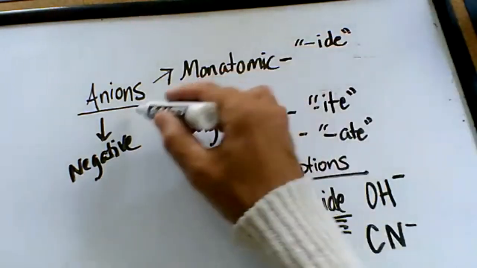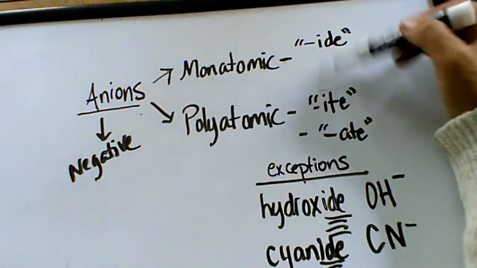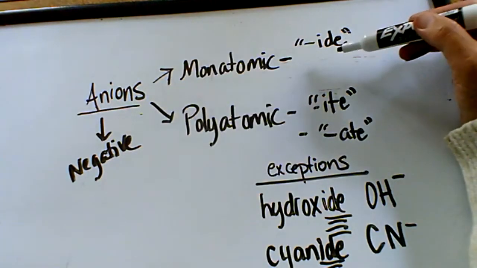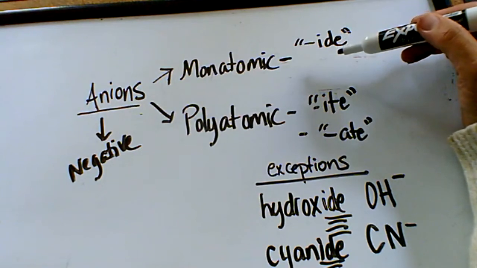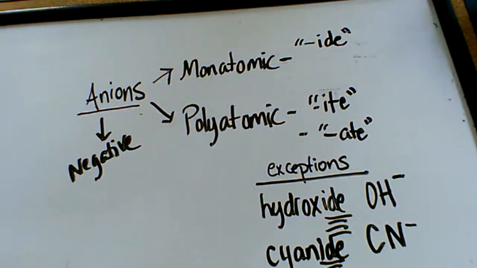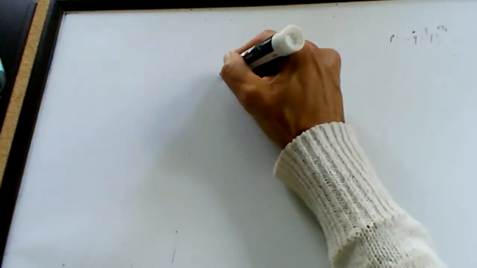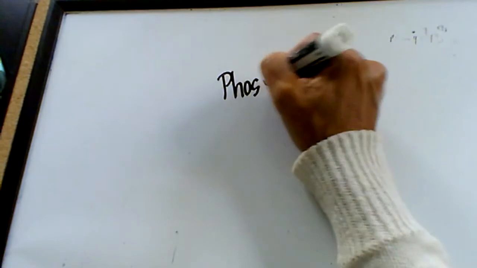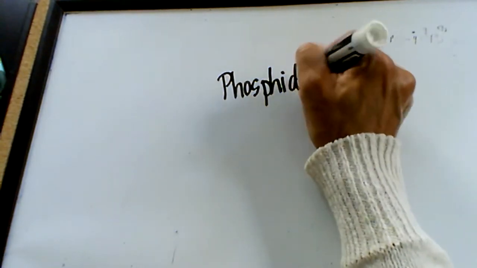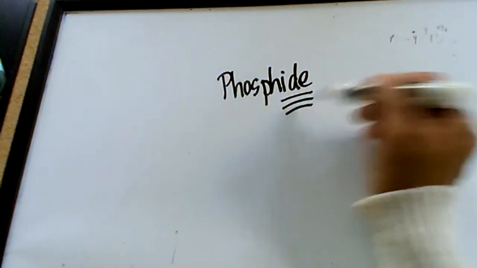Once again, anions, you've got to look at the ending, and the ending tells you what type of anion you might be dealing with, whether it's monatomic or polyatomic. So look at this. I'm going to see phosphide, and I go, oh, look, that's ide.